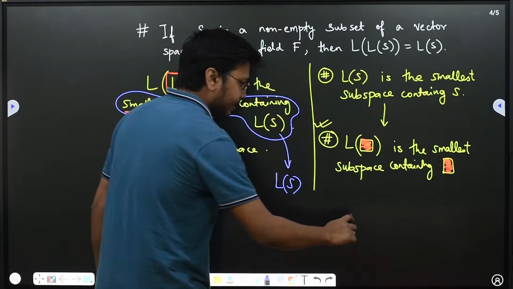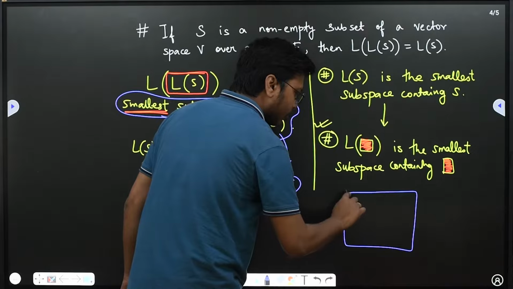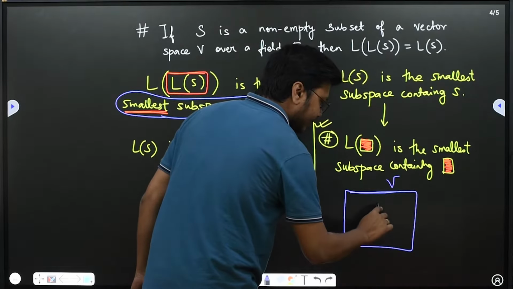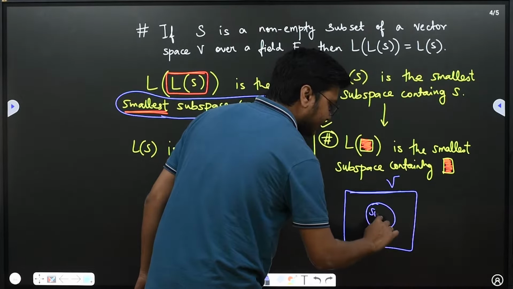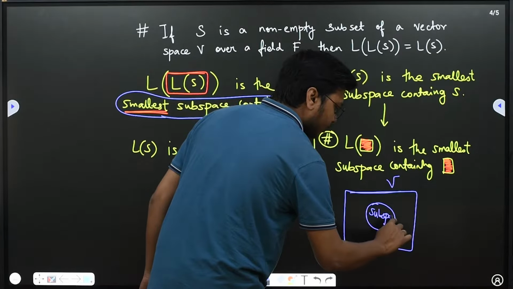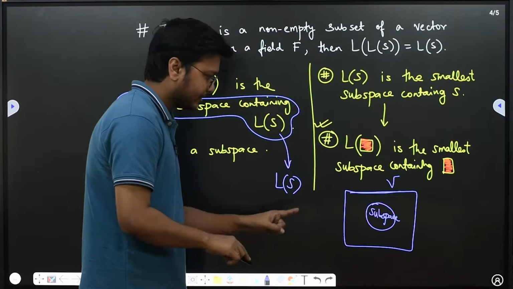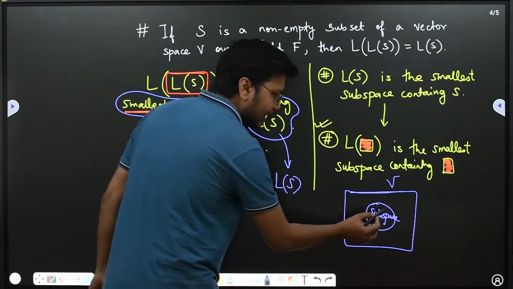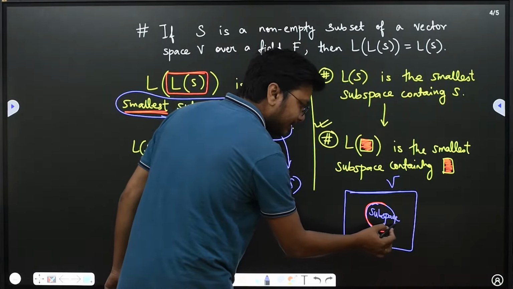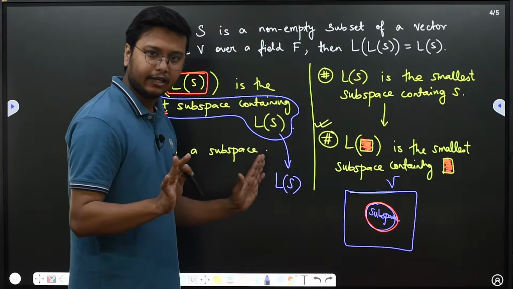Because suppose, imagine this figure that I am drawing, this is a vector space, this is some subspace, then the smallest subspace containing this subspace is nothing but the subspace itself. Is that logic clear?